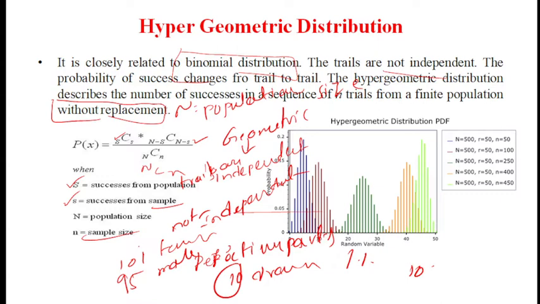We need to put these values into that formula: 101C7 into 95C3 divided by 196C10. If we solve this, we can get the exact figure for 7 of the voters being female out of these 10 random voters.